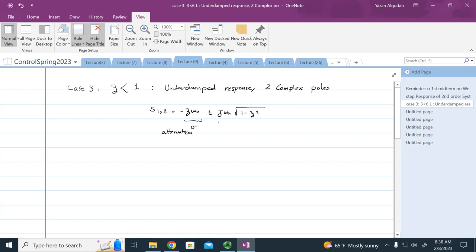And we're going to take this term, omega n multiplied by the square root of 1 minus zeta squared, and call it omega d. And this is the damped natural frequency.